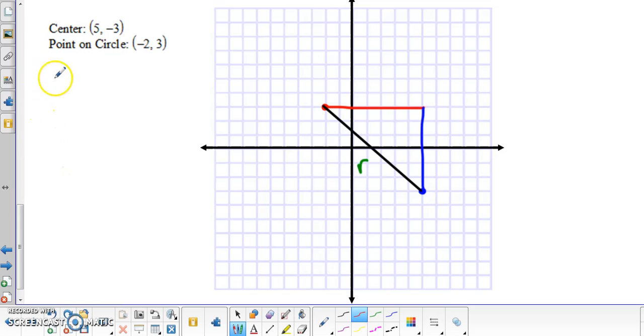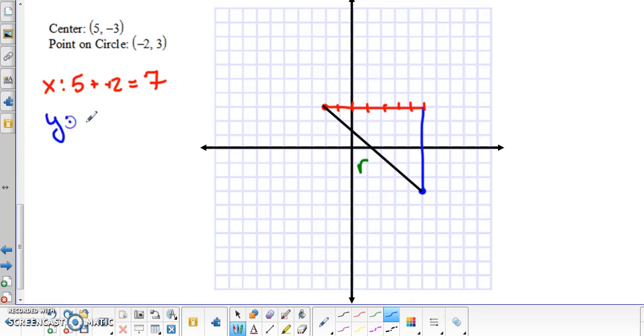So my x, I'm going to take 5 and subtract -2. So that becomes plus, so I have 7. Again, I could count. 1, 2, 3, 4, 5, 6, 7.